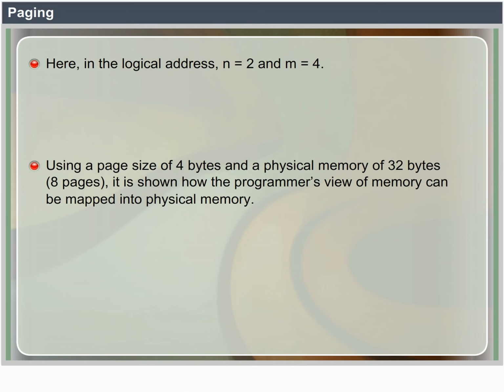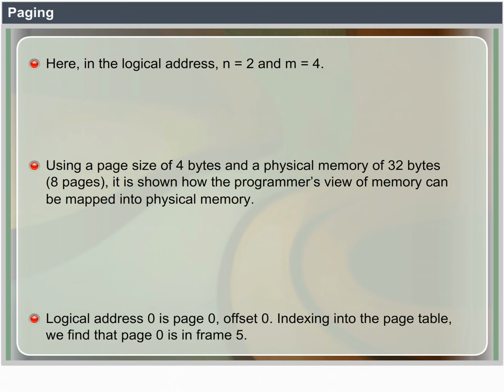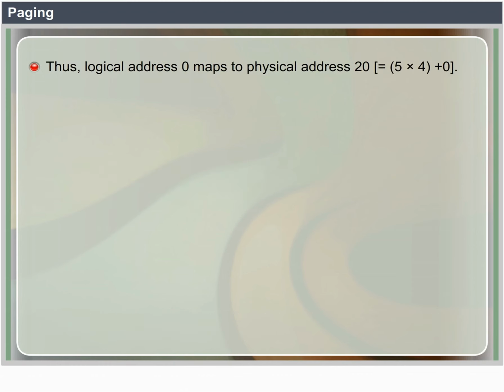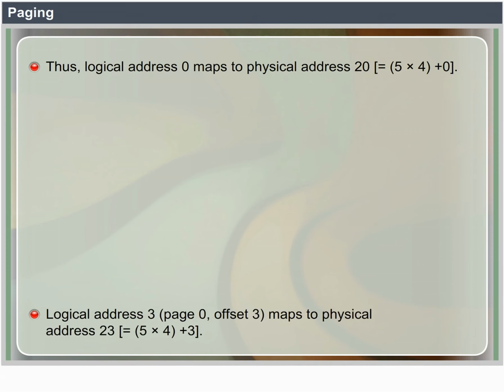Logical address 0 is page 0, offset 0. Indexing into the page table, we find that page 0 is in frame 5. Thus, logical address 0 maps to physical address 20, equals 5 times 4 plus 0. Logical address 3, page 0, offset 3, maps to physical address 23, equals 5 times 4 plus 3.